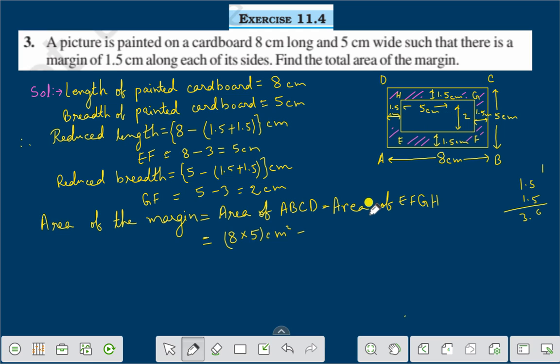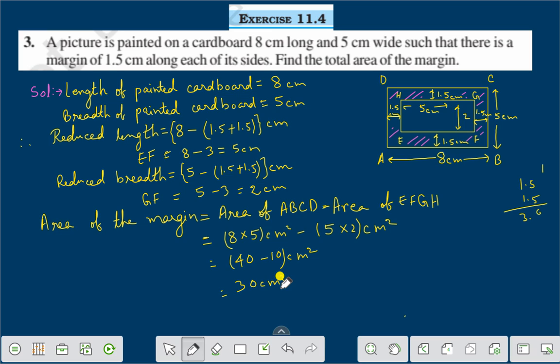It is 5 into 2 centimeter square. Therefore, 8 into 5 is 40, 5 into 2 is 10 centimeter square. And that comes to 40 minus 10, that is 30 centimeter square.